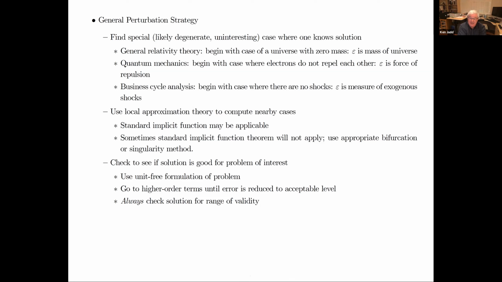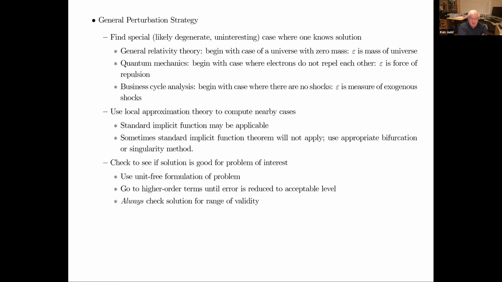And if they ignored general relativity, then they would be useless. So the reliability of GPS depends on solving general relativity theory equations. And this is one way to do it, the perturbation approach.